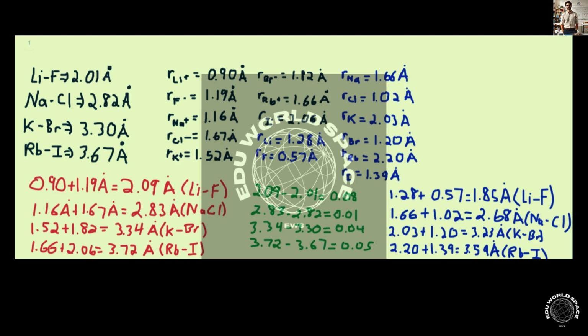If you take an electron away from a rubidium atom and turn it into a rubidium ion, the radius is going to get smaller.